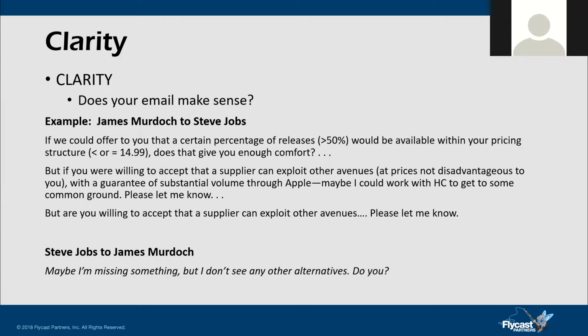Please let me know. Well, let me know what. He's asking if they could withstand the percentage of the releases within the certain pricing structure. Okay. Anything else? And if it'd be okay if a supplier were to go outside of them. Okay. But that was really hard to get to, right?